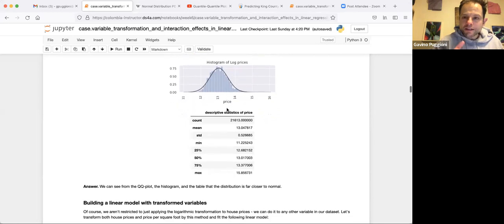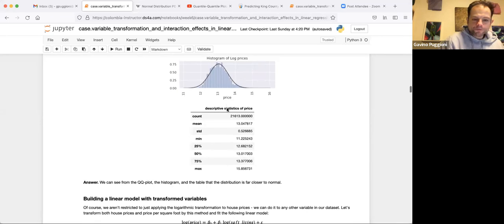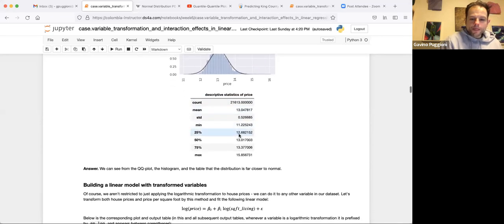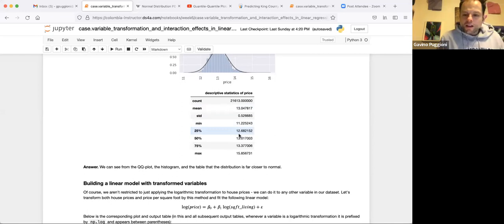All right, so let's talk now about the implications in terms of our linear model. One question that can always come up at this point is: do we only transform the response, or can we also transform the predictors, the explanatory variables?